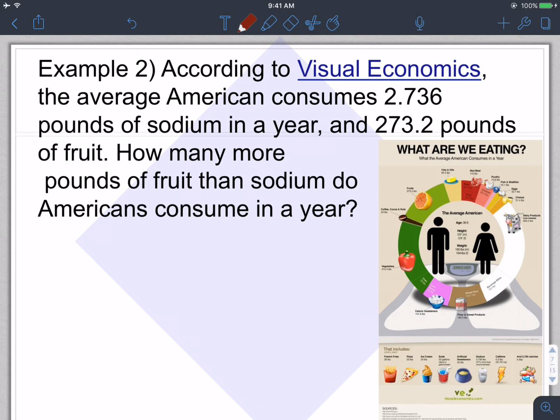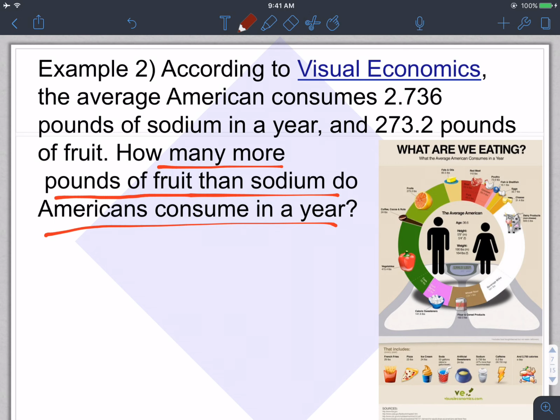Okay. How many more pounds of fruit than sodium do Americans consume in a year? So get ready. The question says, this is for you. How many more pounds of fruit than sodium do Americans consume in a year?